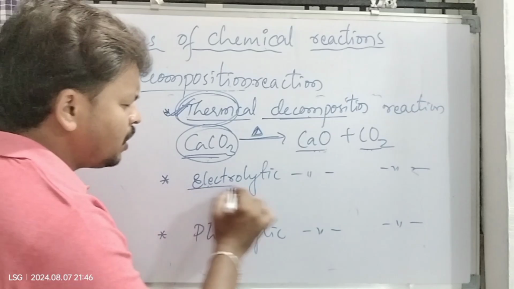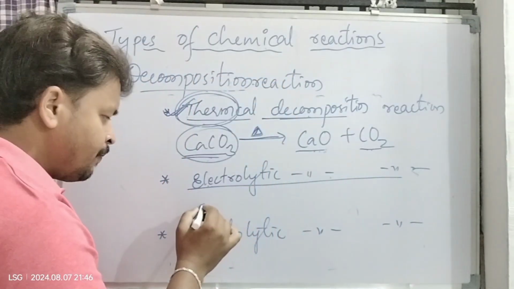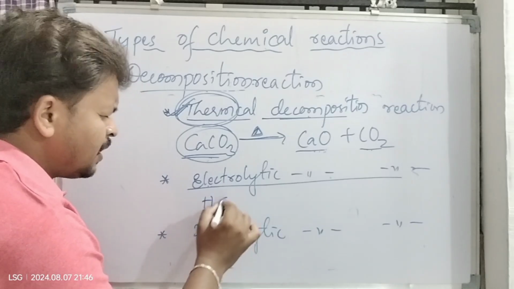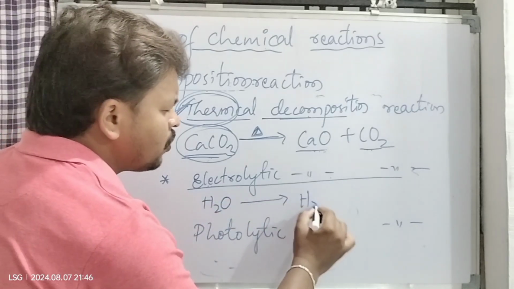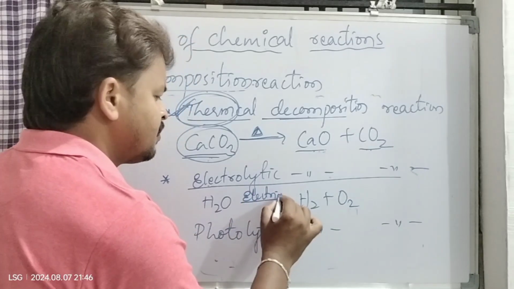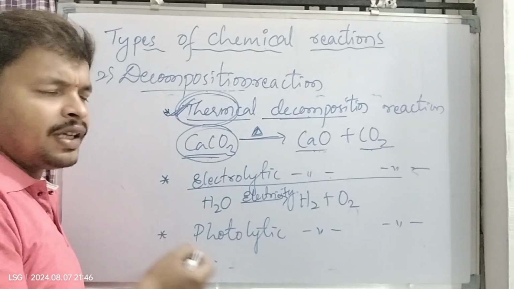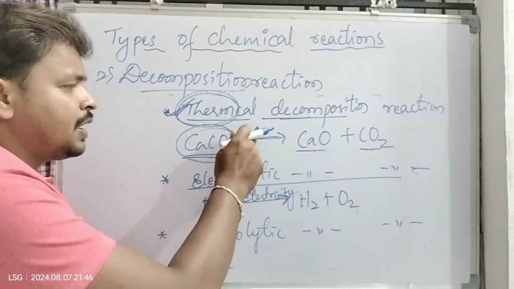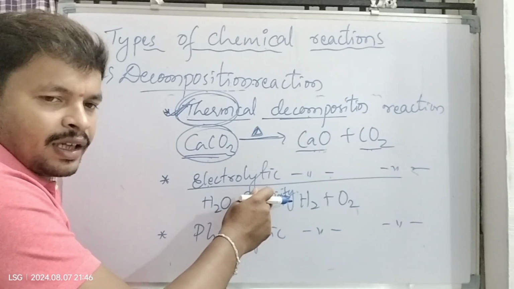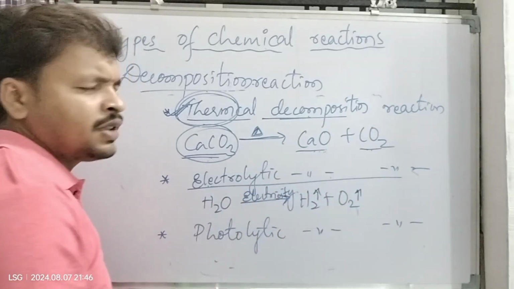The second one is electrolytic. This is also a type of decomposition reaction where a single reactant breaks down into two or more products by means of electricity. Here electricity is the energy. We are giving the energy in different forms: here thermal energy, here electric energy. Water is decomposing into hydrogen and oxygen.